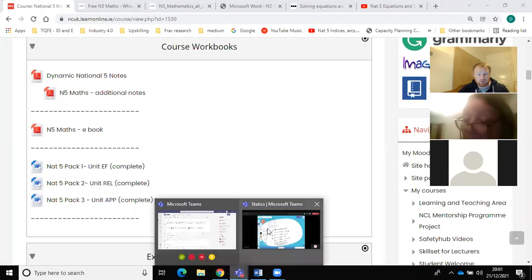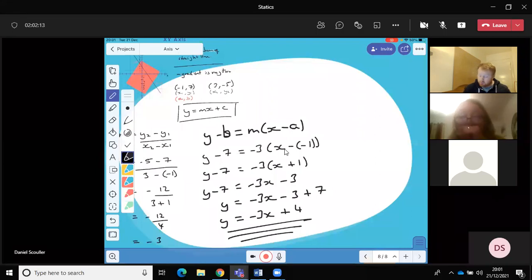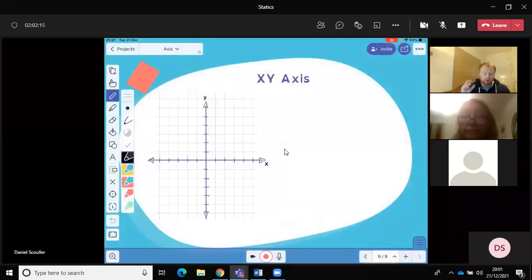Okay, so let's continue. What they like to do in the exams for some reason is make the gradient a fraction. Again, that's nothing to be worried about. If you get a fraction for your gradient and you can't simplify it down any further, don't worry about that.